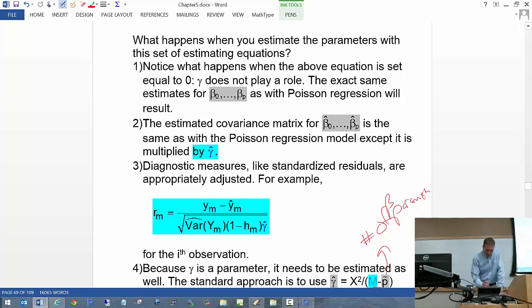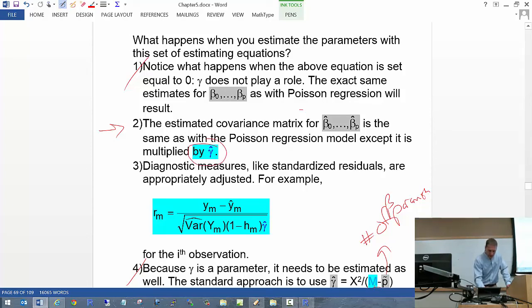Okay. So we've talked about 1, we talked about 4. 2 is very interesting. The estimated covariance matrix for the beta hats, you still find it in the same way as what we've done before, where you take the second derivative of the log likelihood function and so on. And it ends up being exactly the same as what we had before too, except for one little thing.